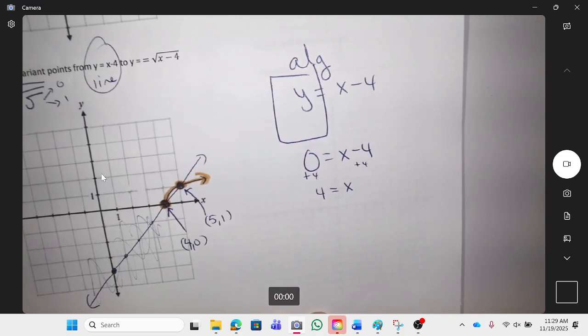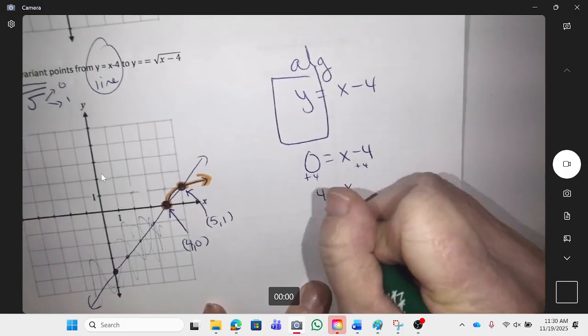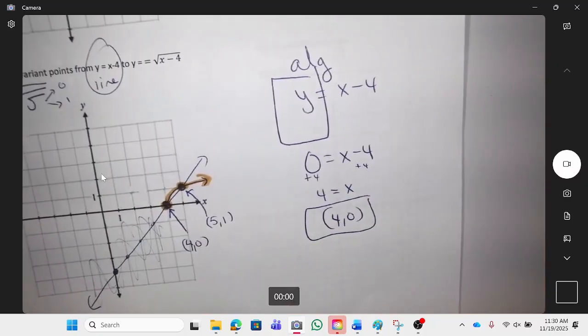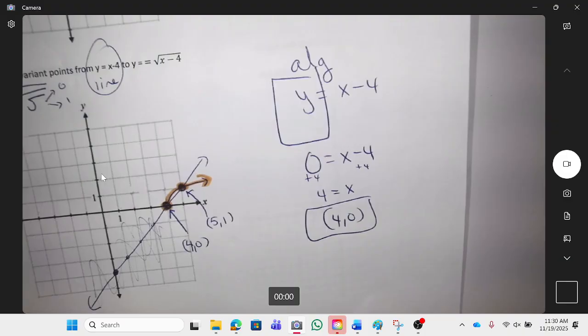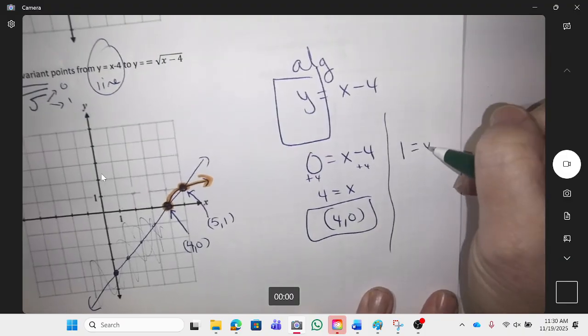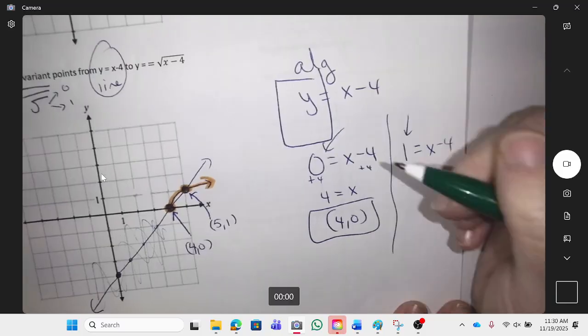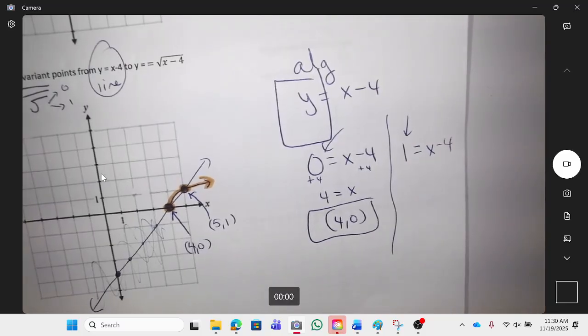So x equals 4. Okay, but the question said an invariant point, so 4, 0. Okay, and same thing. You could have just done the algebra again here. You could have just put in, or the height is 1. Okay, if the height is 0 or the height is 1.